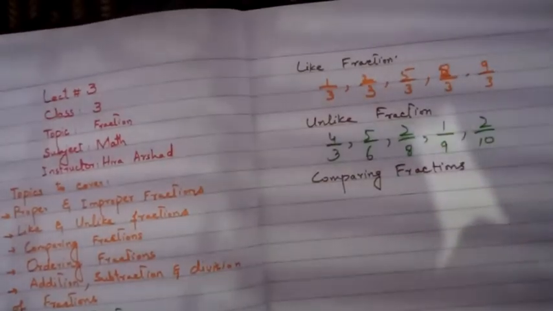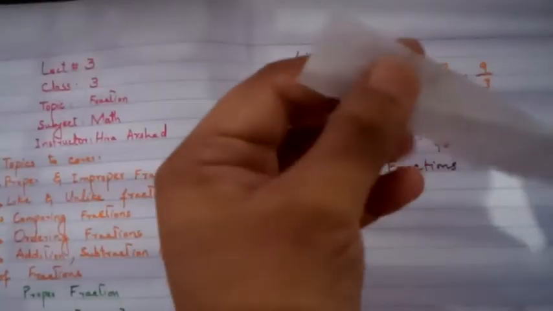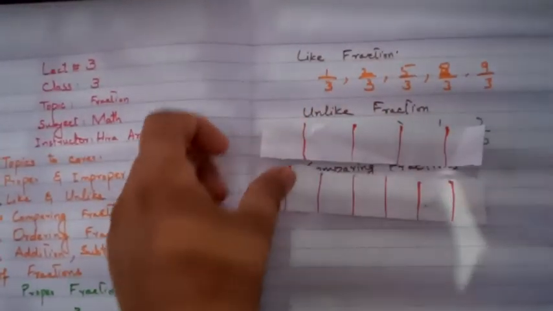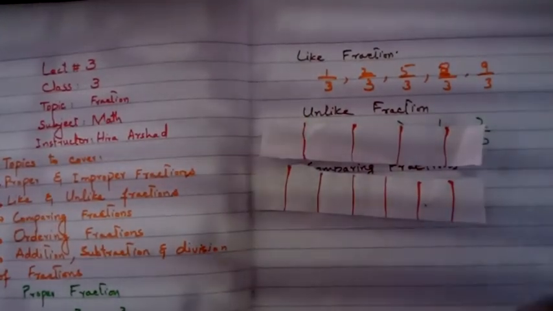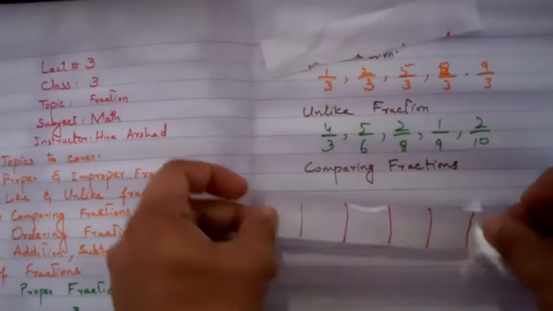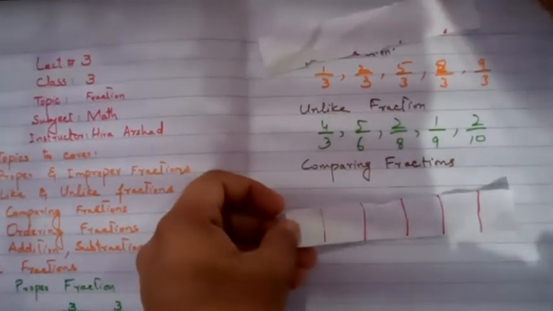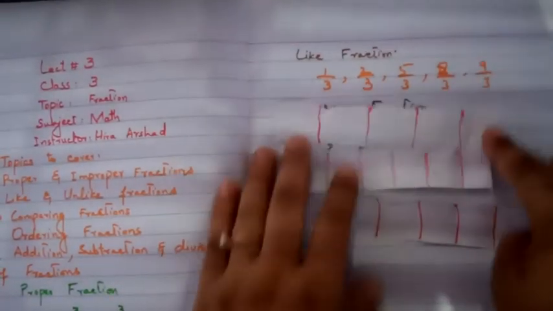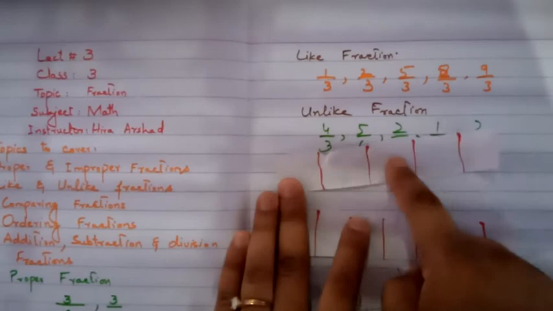Before comparing the fractions, we have to do an activity. I have pieces of paper. Equal pieces of the papers, you can see all these pieces are equal. Check out the parts. This is 1, 2, 3, 4 and 5.